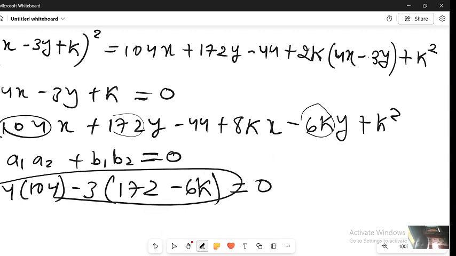Now, if I determine the value of k, I come back to put the value of k here and here. Now, if we come back, we will determine the value of the equation. We found the equation as this one.